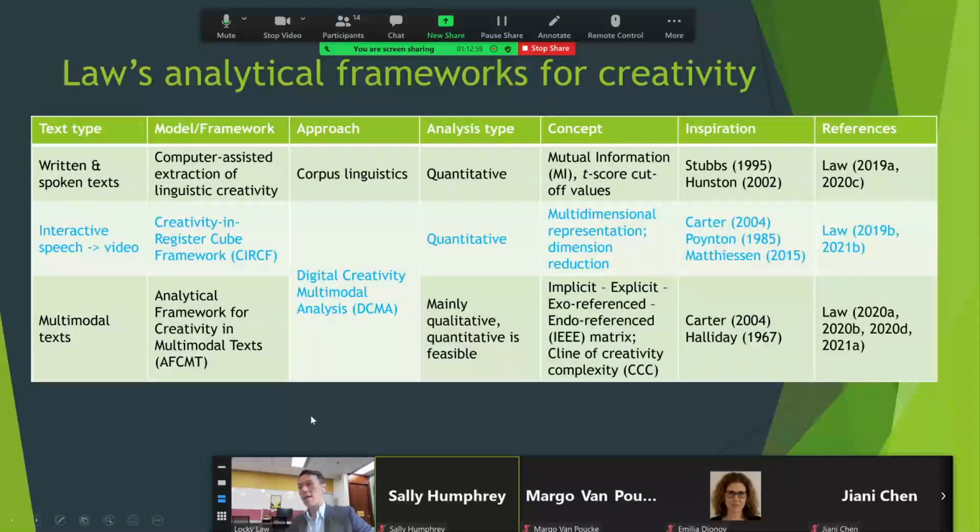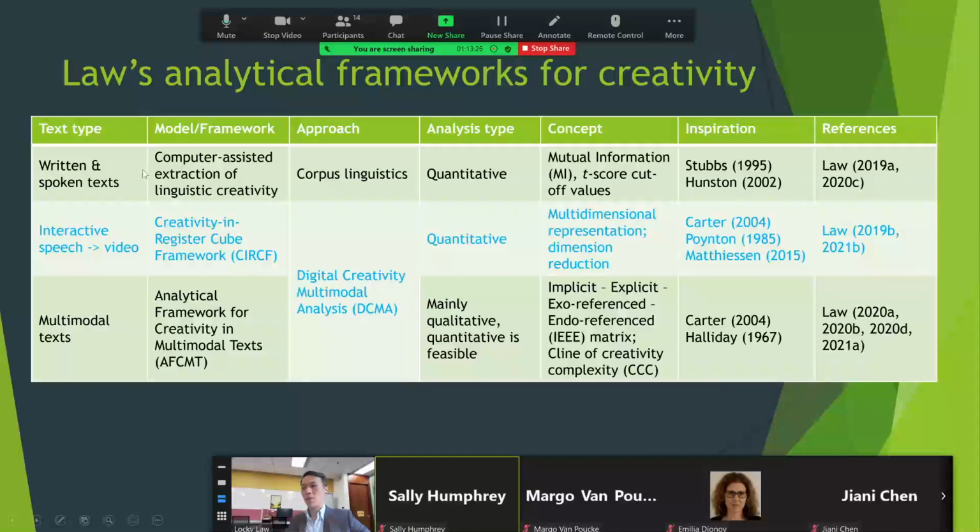So I began my project a few years ago, and I came up with my analytical frameworks for creativity. In my PhD thesis, I started everything from the ground up. I had a big corpus, so I needed to look at extractions of linguistic creativity to begin with, because words are easy to start.